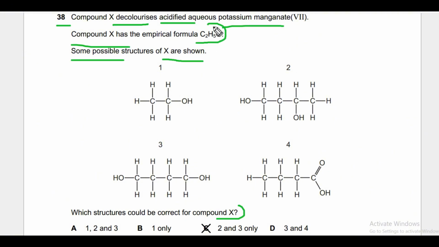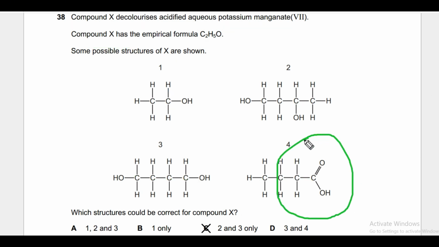This empirical formula is C2H5O. So the molecular formula is 2 times, which gives 4 carbon. A is wrong, it has only 2 carbon. So this has 4 carbon, and 2 and 3 are right. 4 also has 4 carbon, but 4 is incorrect because a carboxylic acid does not decolorize potassium permanganate.